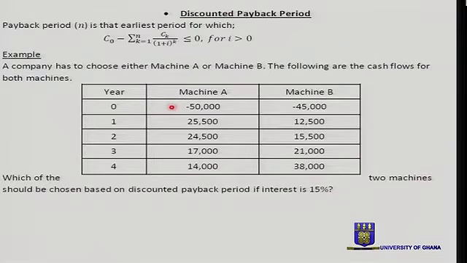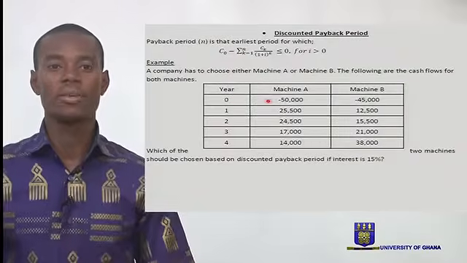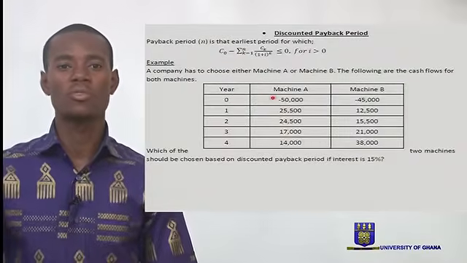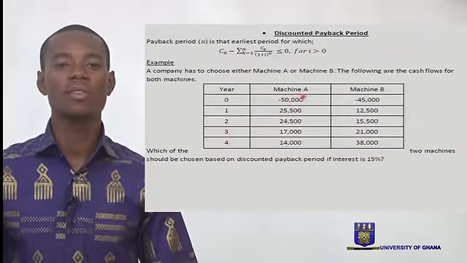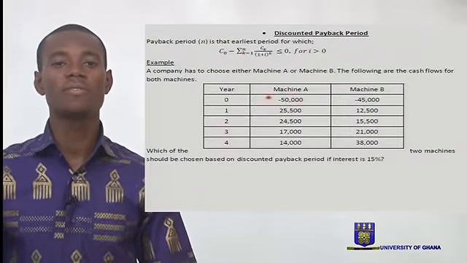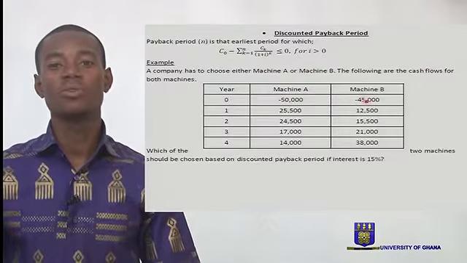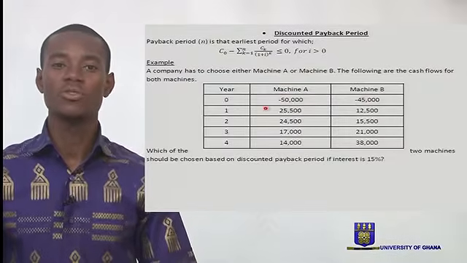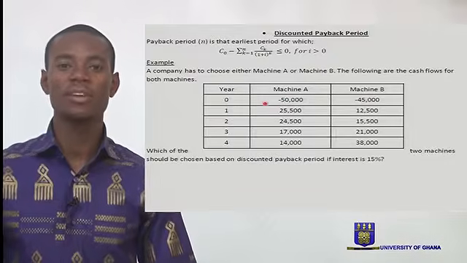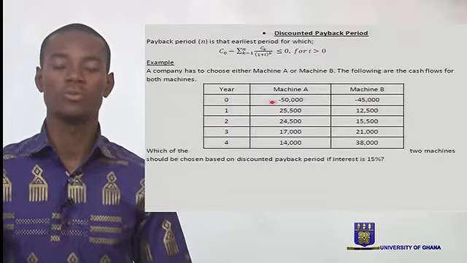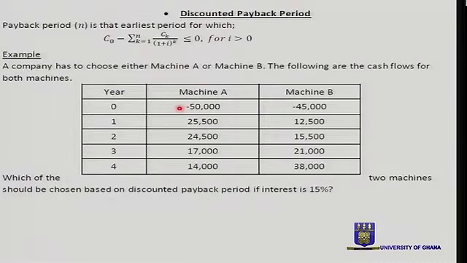If you cast your mind back to what we did regarding the cash flow diagram, period 0 refers to today. And so if we are supposed to acquire this machine today, we would pay 50,000, and machine B would cost us 45,000. You notice that it has a negative value, indicating it's an outflow. So the idea is if we are buying, then it's money leaving our coffers.